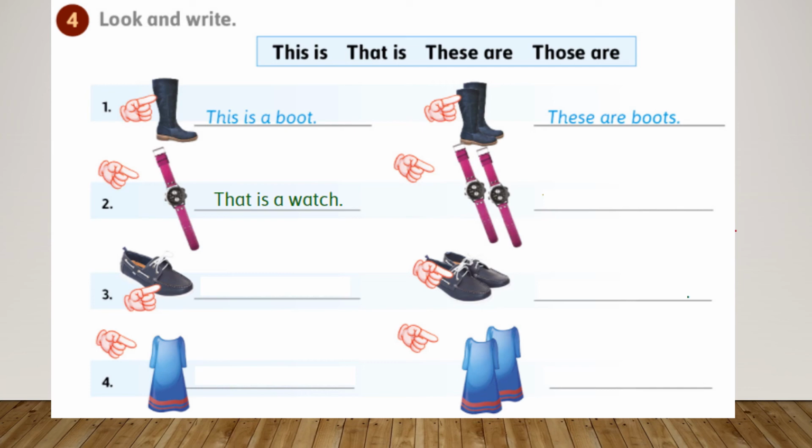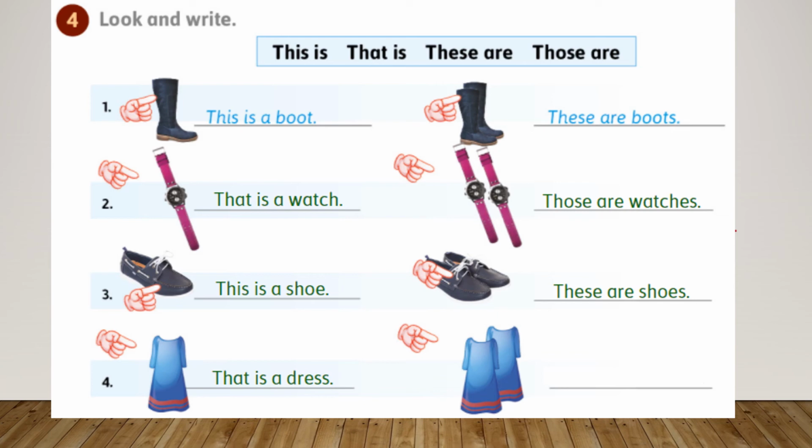We say what? Excellent. This is a shoes because it's close. But what about the dress? Yes, this is or that is a dress. And when we move to the other side, we have watches and the pointer is a little bit further.